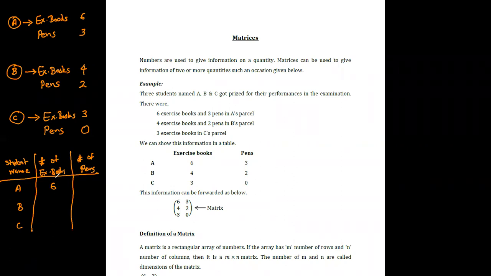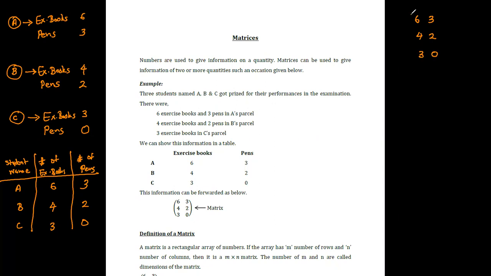For the parcel got by student A, 6 exercise books and 3 pens. Likewise, 4 and 2, 3 and 0. This is how we represent the data in tabulated form. If you select these numbers, the arrangement can be written as 6, 3, 4, 2 and 3, 0.